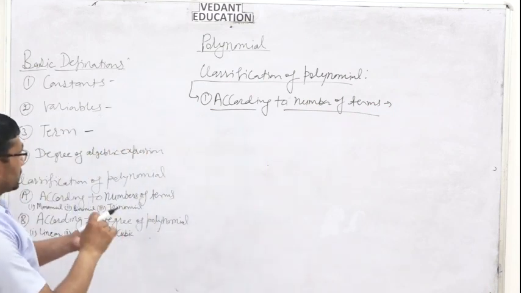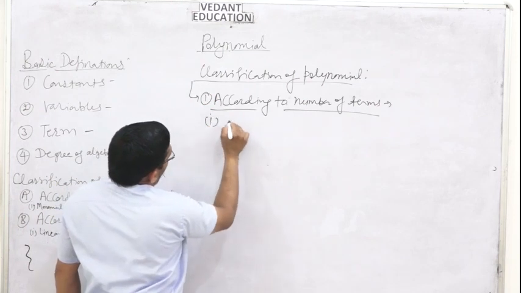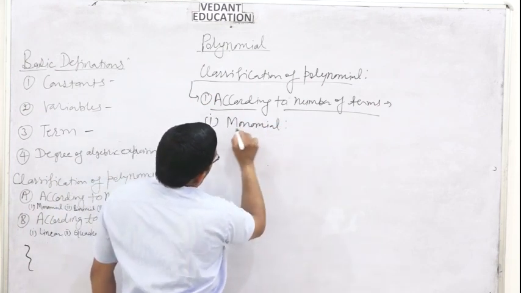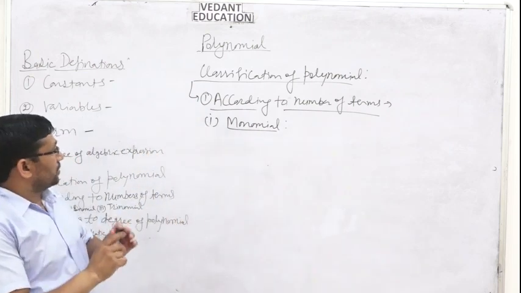Classification of polynomials according to number of terms. First is known as monomial.